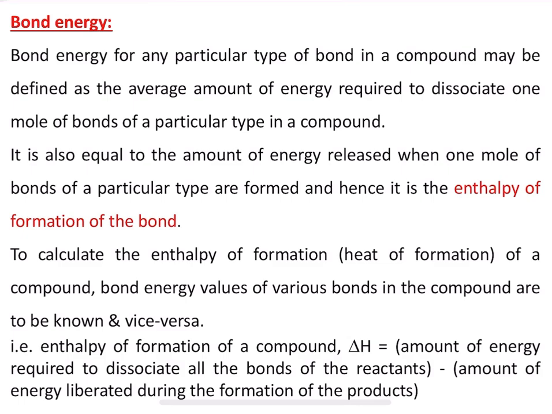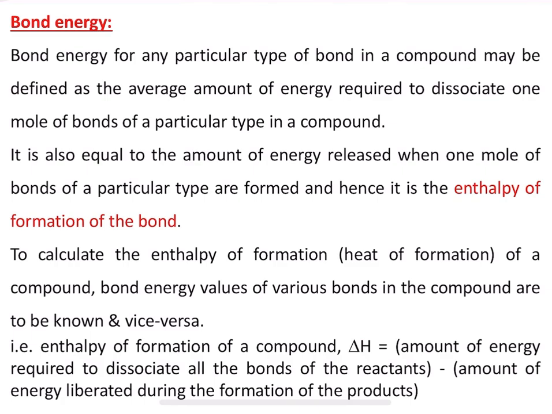How much energy is liberated? This gives the enthalpy of formation of a compound. Let me repeat it again. The amount of energy required to break down all the bonds observed in the reactants, minus the amount of energy liberated during the formation of products.